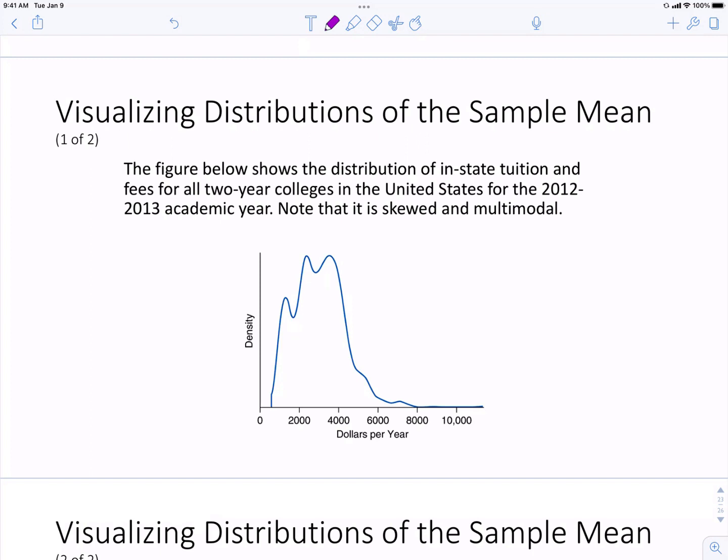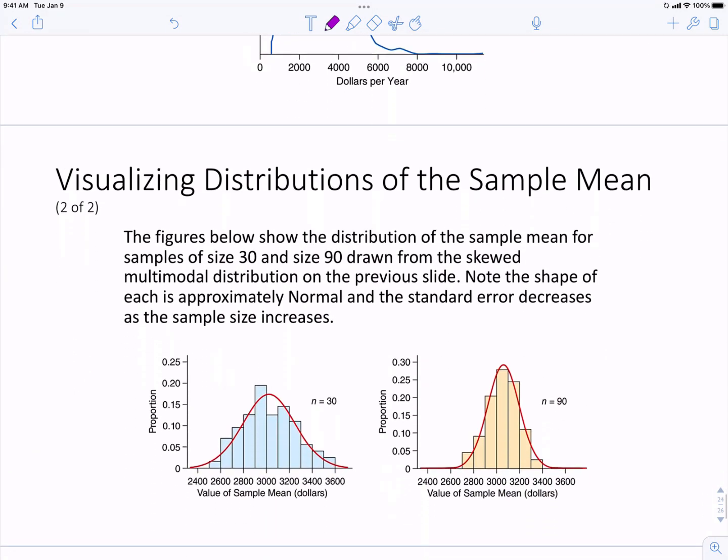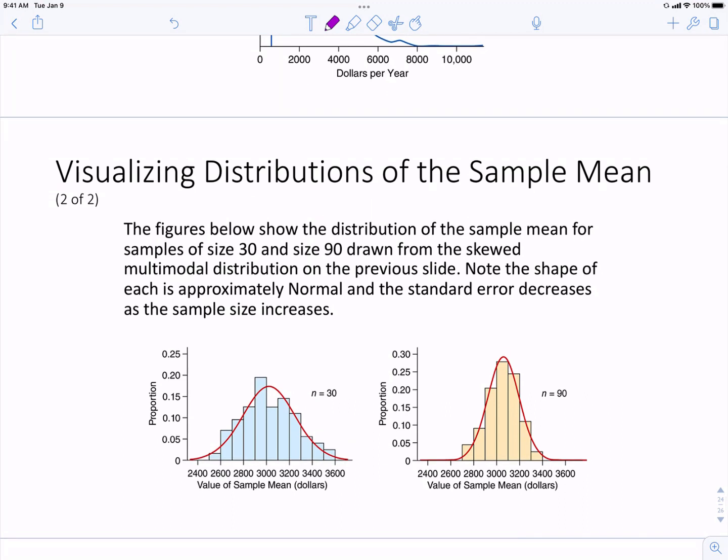The figure below shows the distribution of in-state tuition and fees for all 2-year colleges in the United States for a certain academic year. One thing to notice is that this distribution is skewed and multimodal, with many different humps in it. The next figures show the distribution of the sample mean for samples of size 30 and samples of size 90 drawn from the skewed multimodal distribution on the previous slide.